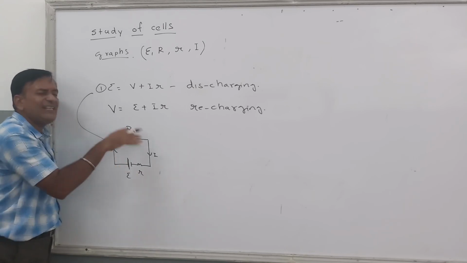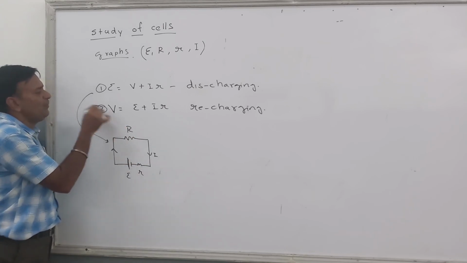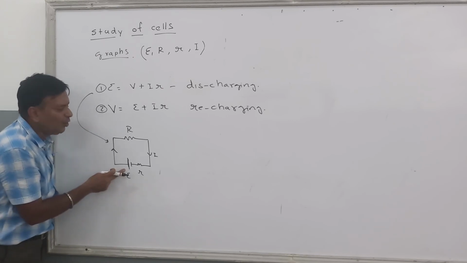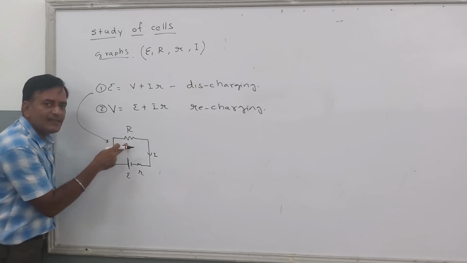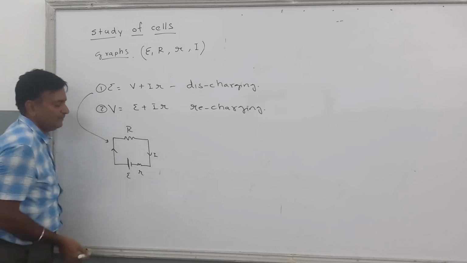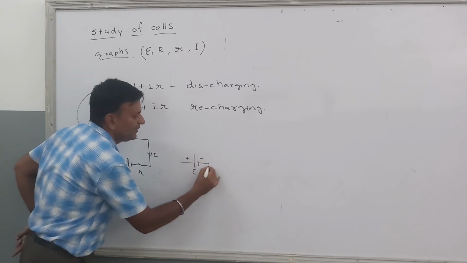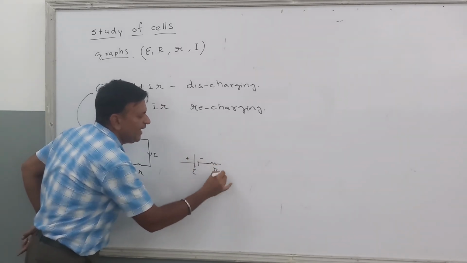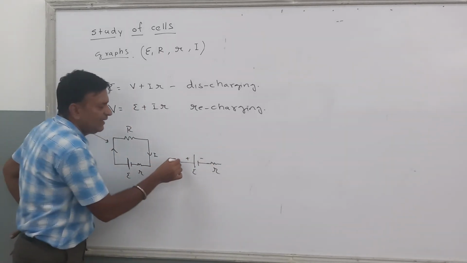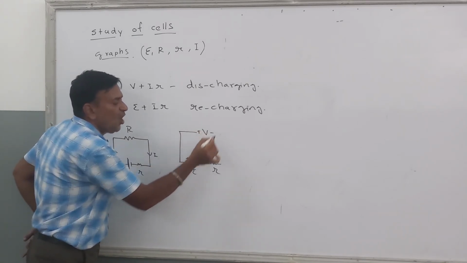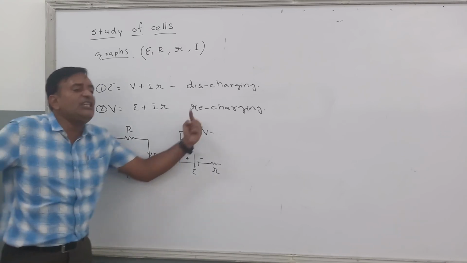Now when you are recharging this cell, equation number 2 comes into play. To recharge this cell, you have to replace this with something else. You have the cell, you have the internal resistance of the cell, and this is a source of external potential difference.